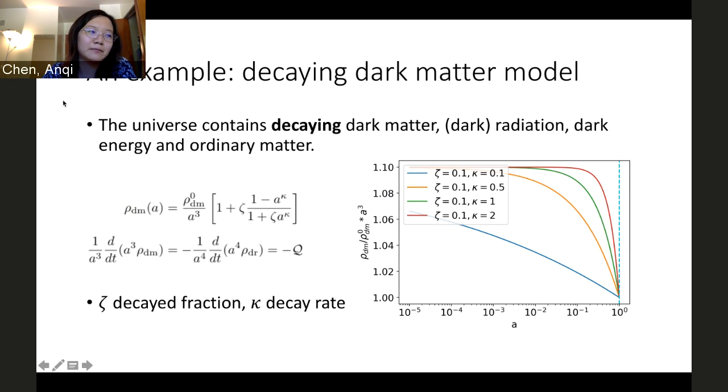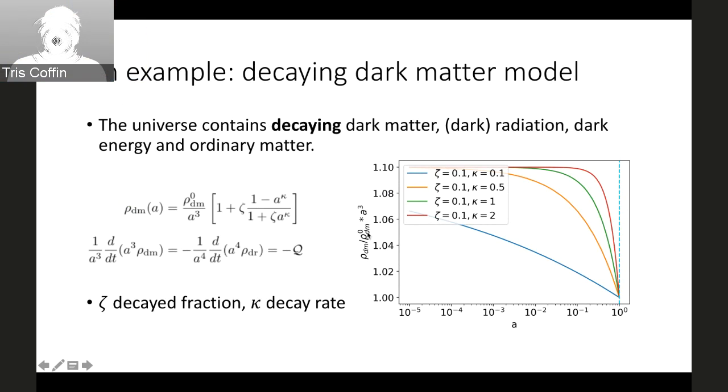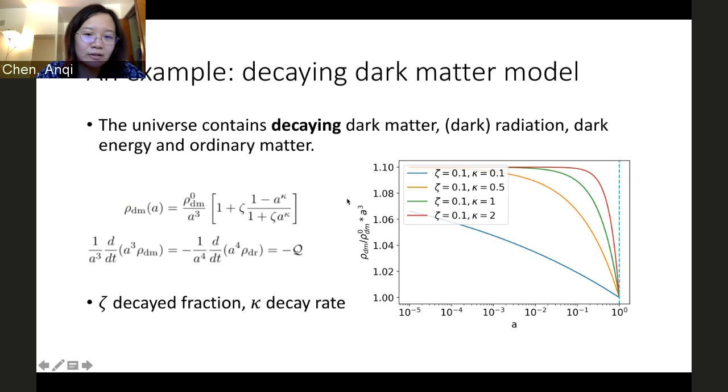So one example, my project currently is to test a decaying dark matter model as a potential solution to the Hubble tension. This decaying dark matter cosmology model states that the universe contains not cold dark matter, but decaying dark matter, and radiation and dark energy. That means the comoving density of the dark matter evolves with time by this ansatz, which is plotted on the figure on the right.